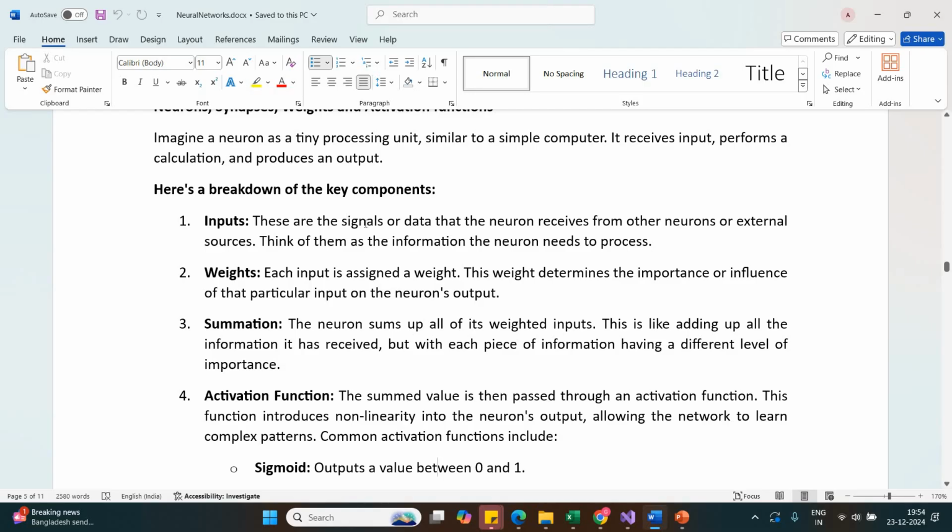The inputs are received by the neurons, and this data could be fetched either from an external source or from other neurons. At the very first layer, the data is received from the external source, like the input that you provide when you ask whether this is a cat or not. So that is the external source.